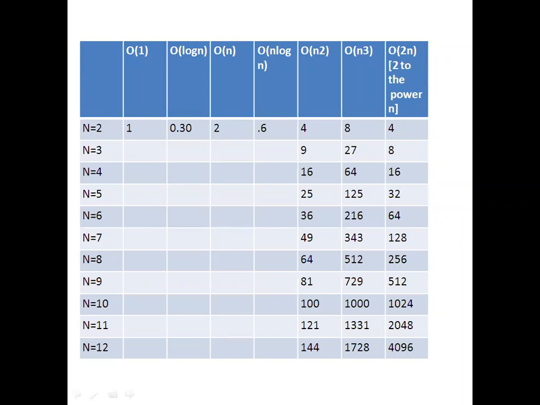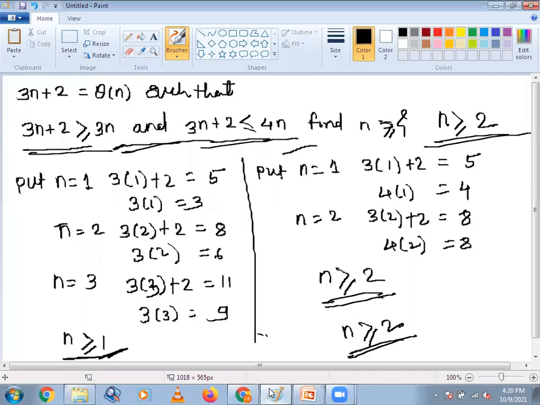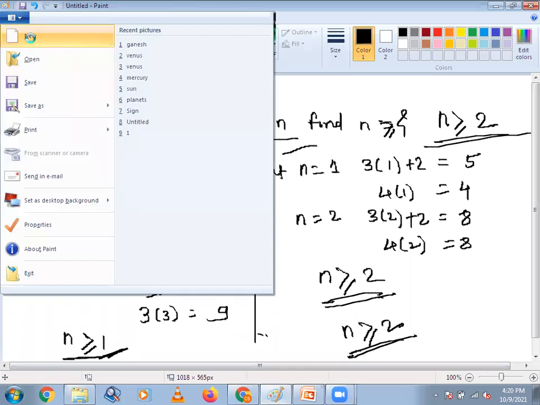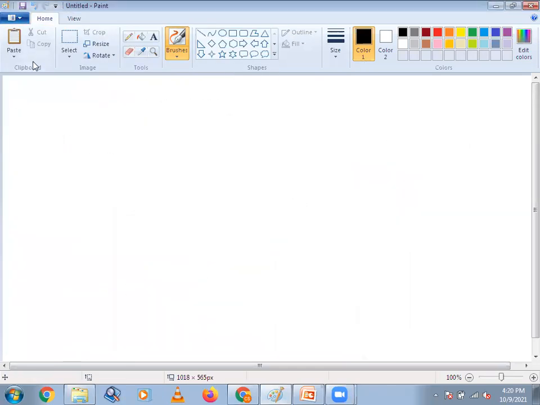Okay, we'll see. Suppose we draw a table like this.